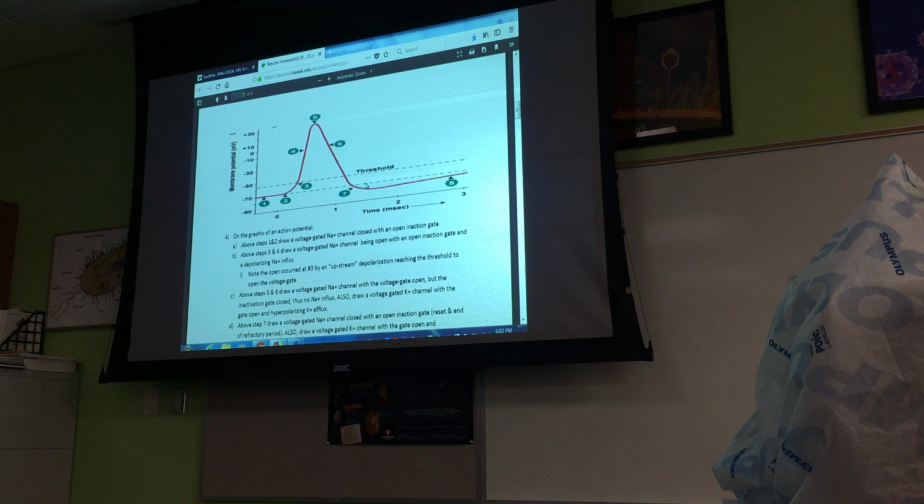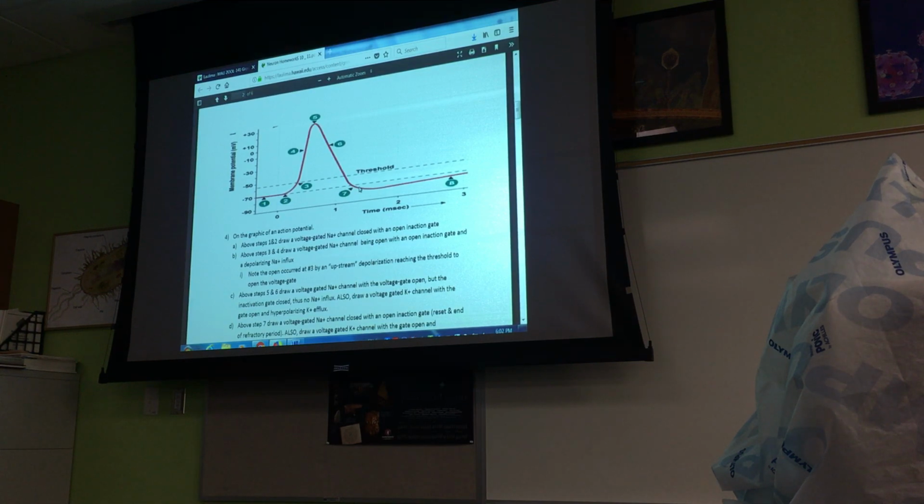This part of the refractory period goes all the way to about the 2 millisecond point. It's not an absolute thing, it's fuzzy. It just means that while it's hyperpolarized, it's less likely to fire.